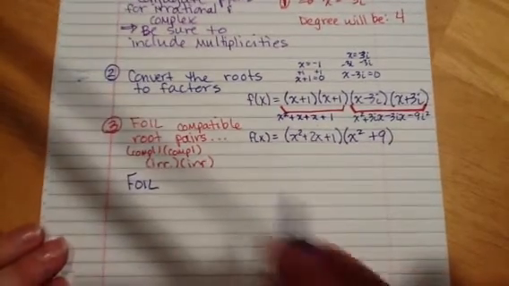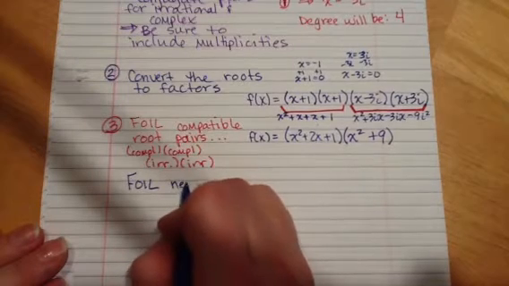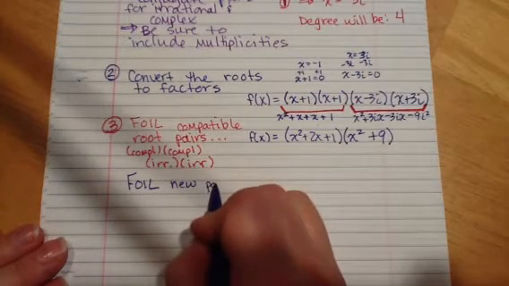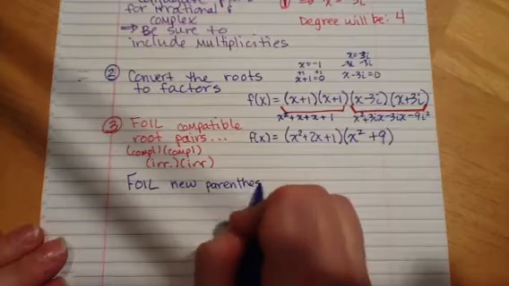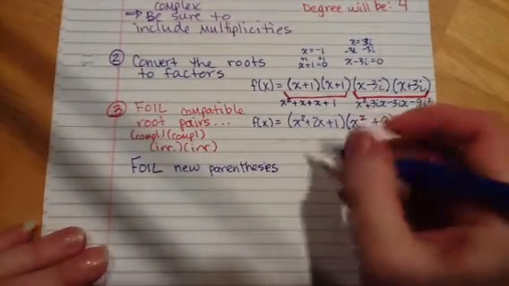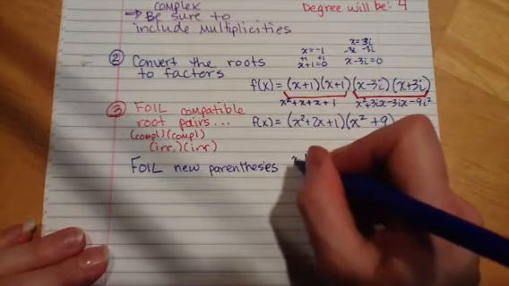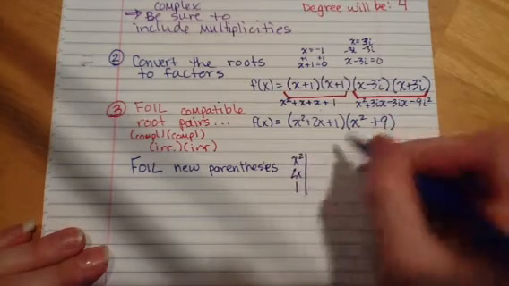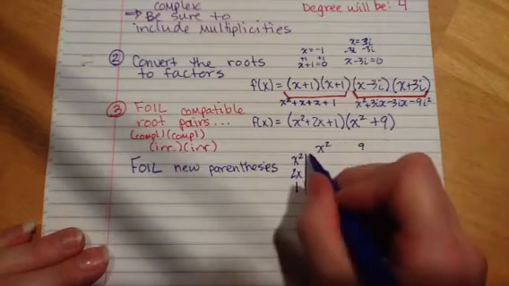So after I've done that, then I will FOIL my new parentheses. And at this point, the box method might become helpful. So I can do x squared, 2x, and 1 times x squared plus 9.